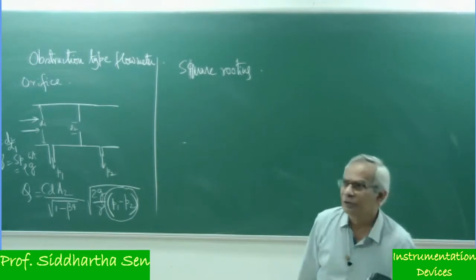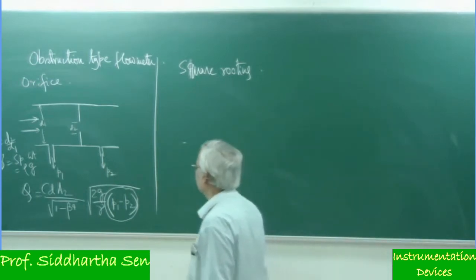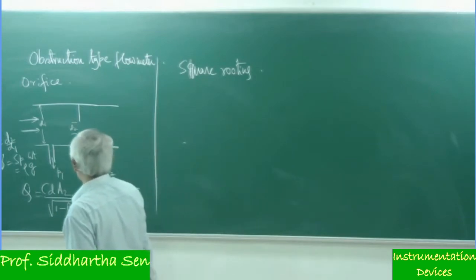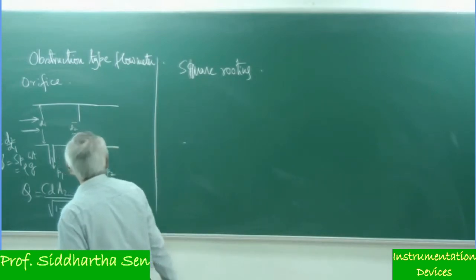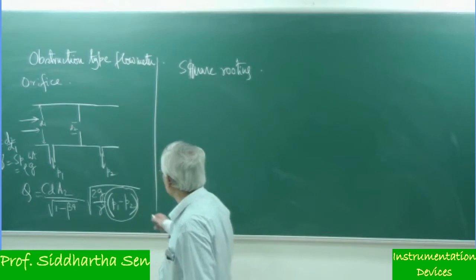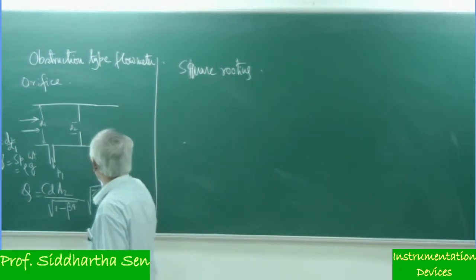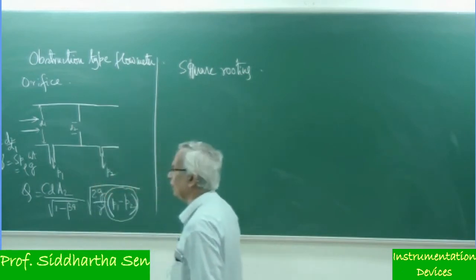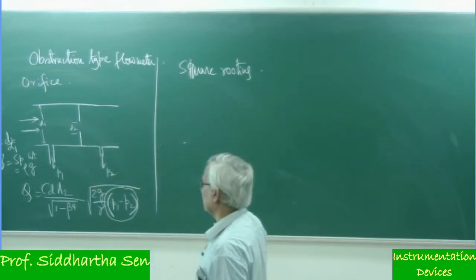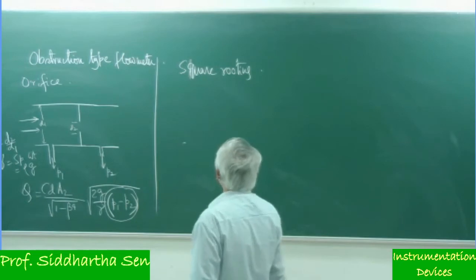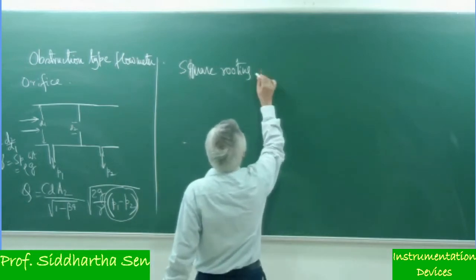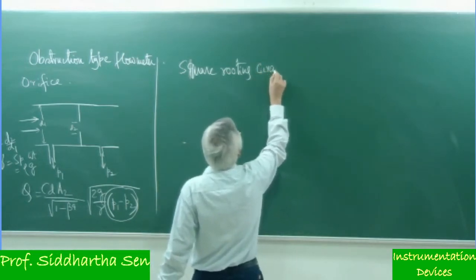But to get an output which is proportional to the flow rate, first of all this quantity, the voltage corresponding to P1 minus P2, has to be square rooted. So it is important to have a square rooting circuit.